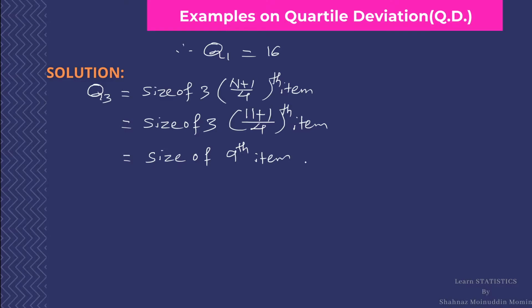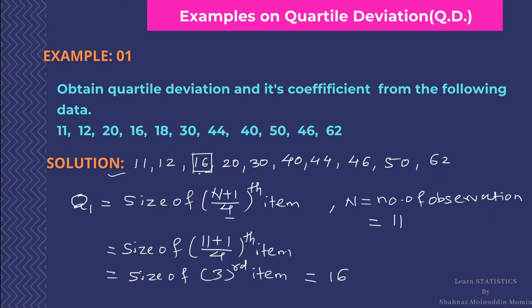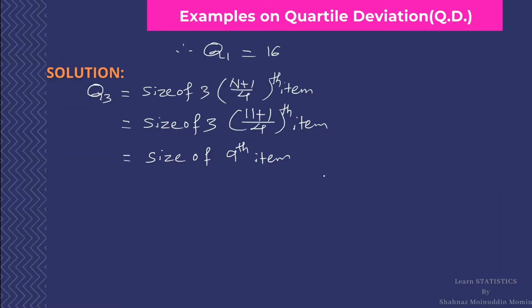Now we shall move to the arranged data. This is 3, 4, 5, 6, 7, 8 and 9. 9th item is 46. Hence, the third quartile is 46. This is the value of Q3.